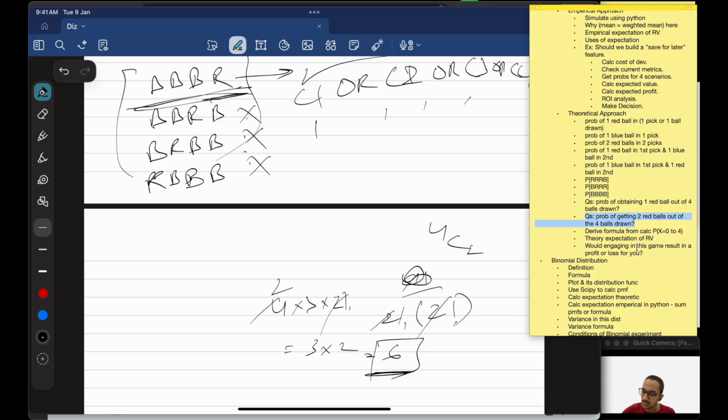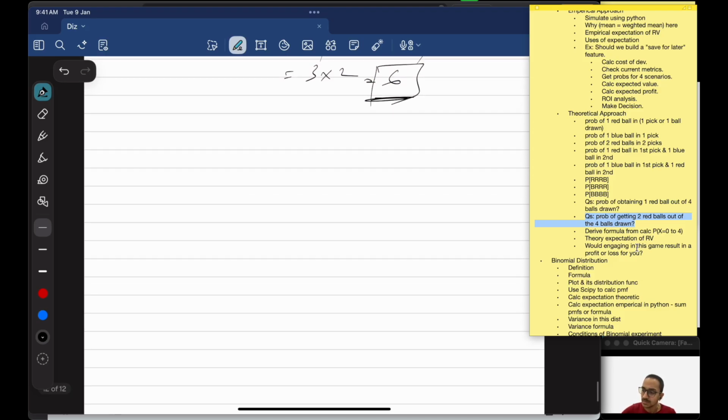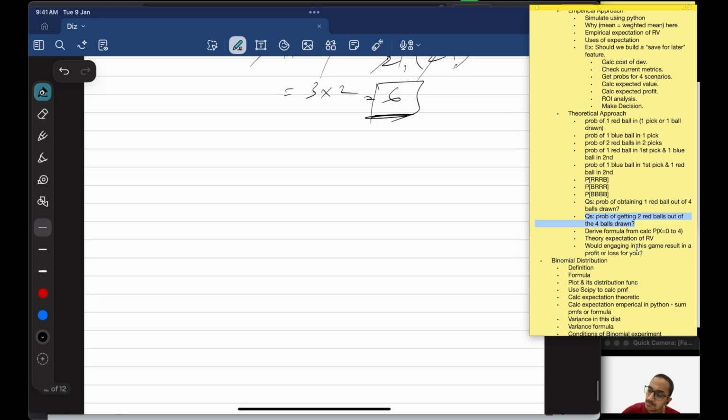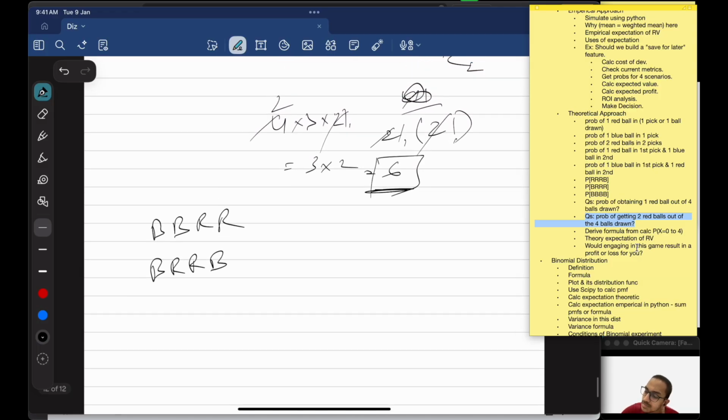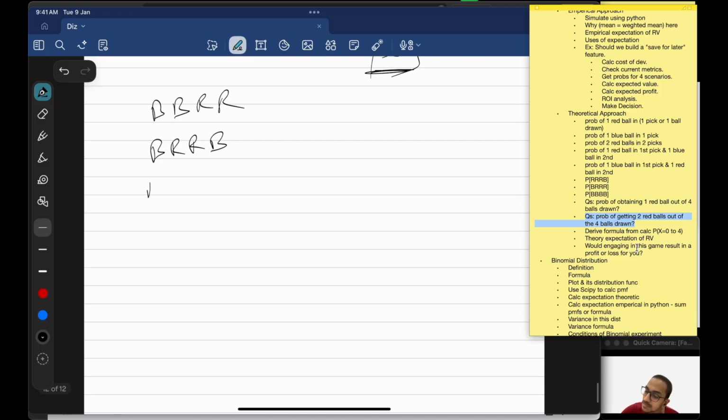So we'll get 2 red balls out of 4 balls drawn in 6 total outcomes. The outcomes can be something like blue, blue, red, red. We can have blue, red, red, blue.